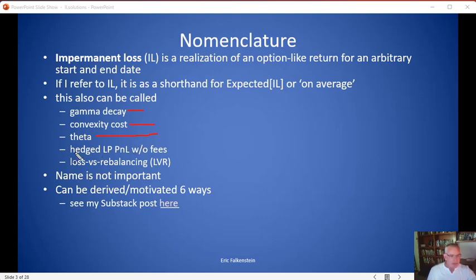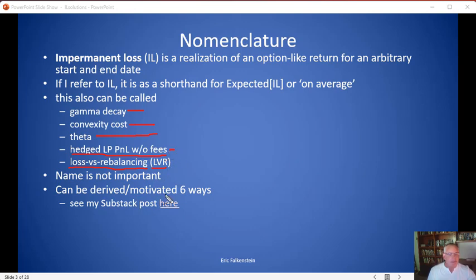In terms of the AMMs, this is known as loss versus rebalancing, or LVR, by many people. It also can be framed as the hedged LP P&L without fees. That's capturing the same thing. And what you name it is often how you derive it.